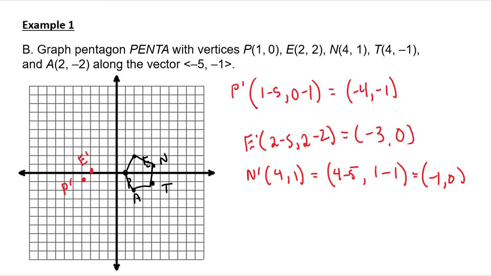Oh, I still messed up this E prime. I don't know what my problem is today. So this should be 2 minus 1, so that should leave me at 1. I should have just counted. Quite honestly, I keep messing this up, so I'm just going to count. 1, 2, 3, 4, 5, and then I go down 1. For the T, I go over 1, 2, 3, 4, 5, down 1.